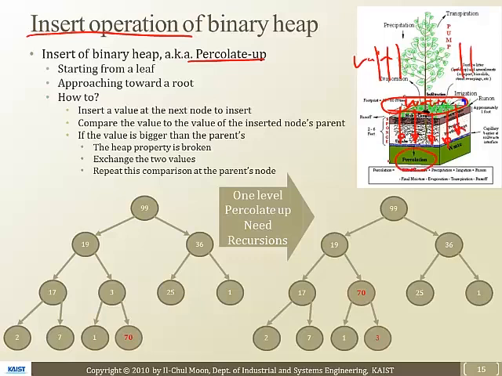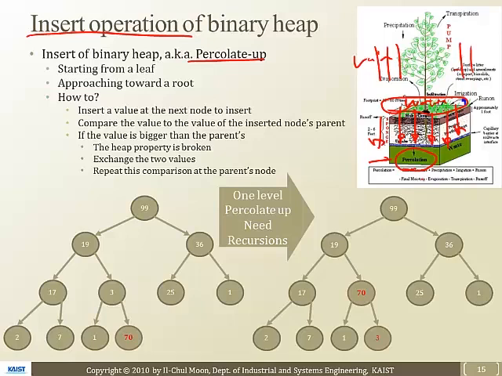The percolation means that it percolates through certain layers to reach a certain location. That's the percolation, and this is the downward process. So it's called percolation down. And what we are going to do to keep the heap property in the binary heap is percolate up.